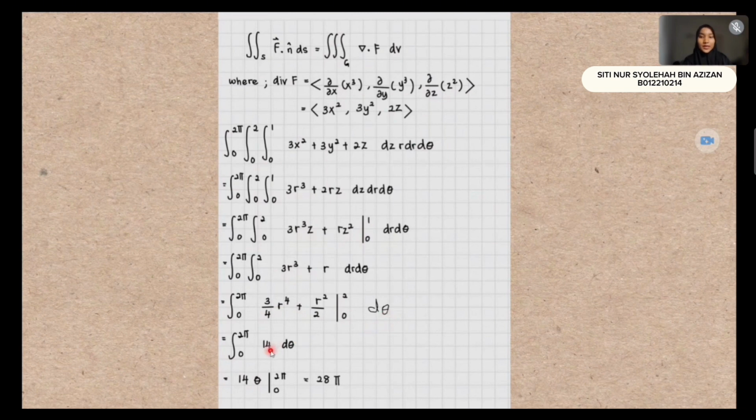So now we get 14. And now we integrate for d theta from 0 to 2 pi, and we get 14 theta. We insert 2 pi into theta, and we get 28 pi. And this is the final answer for this question.